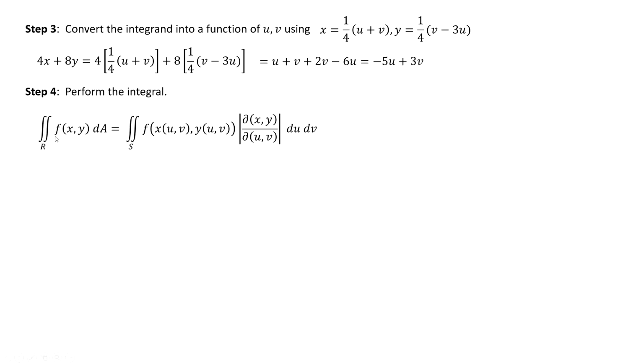What's that? Originally we had this over a region R. Then you need to transform the region, and you need to change the integrand from f of xy to some kind of function of uv, and also multiply by the absolute value of the Jacobian.